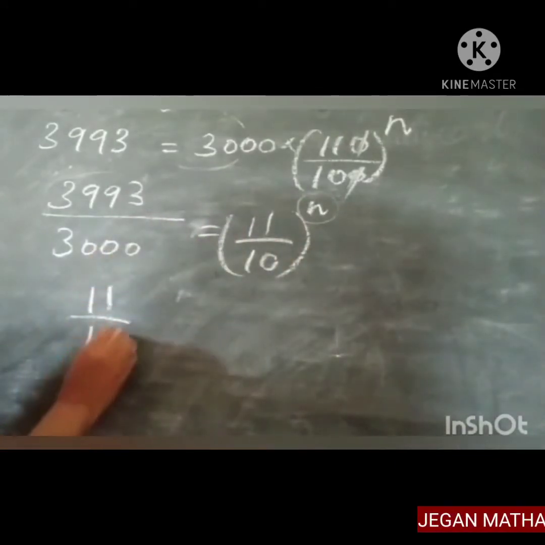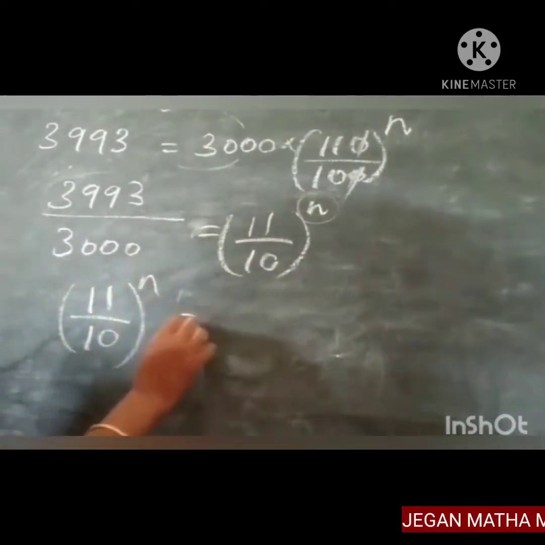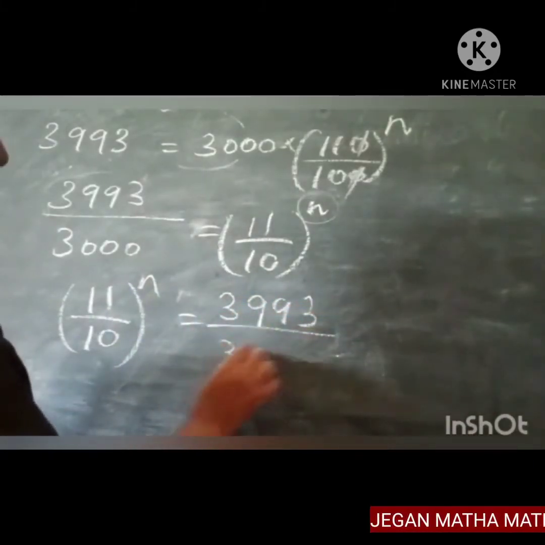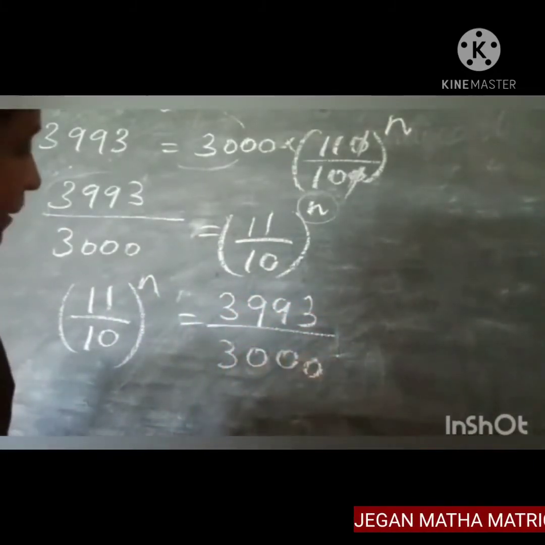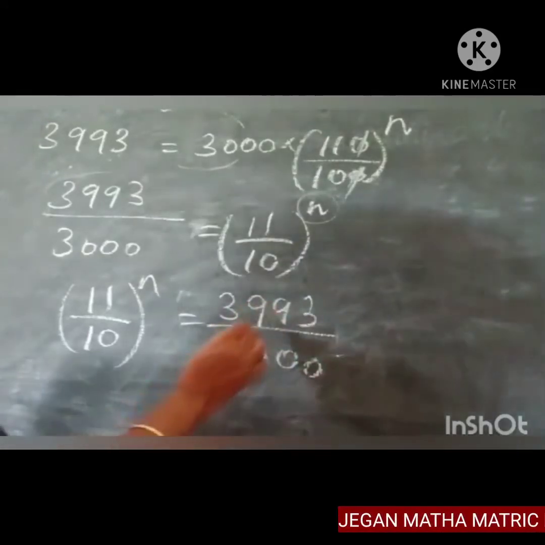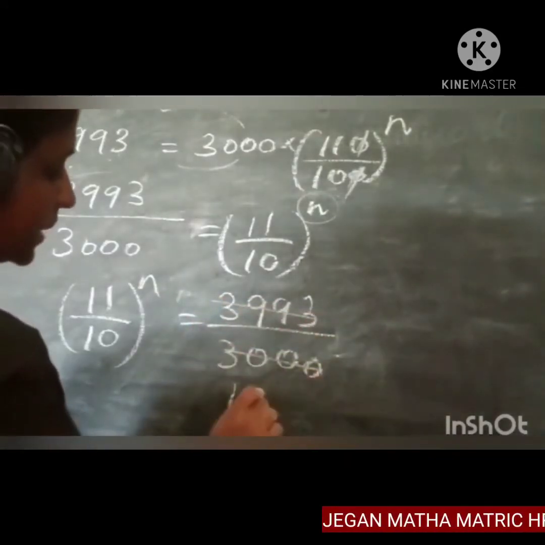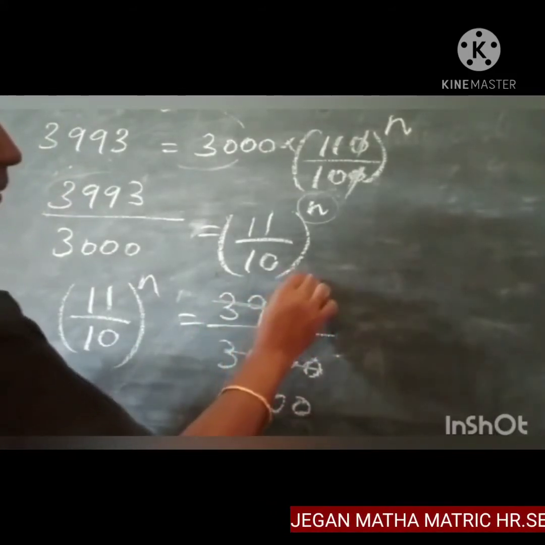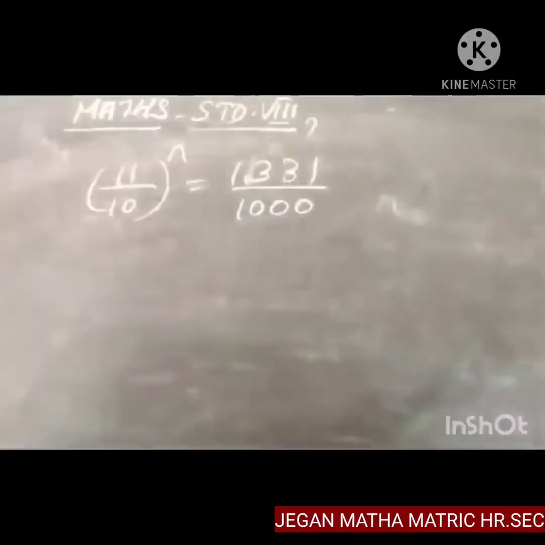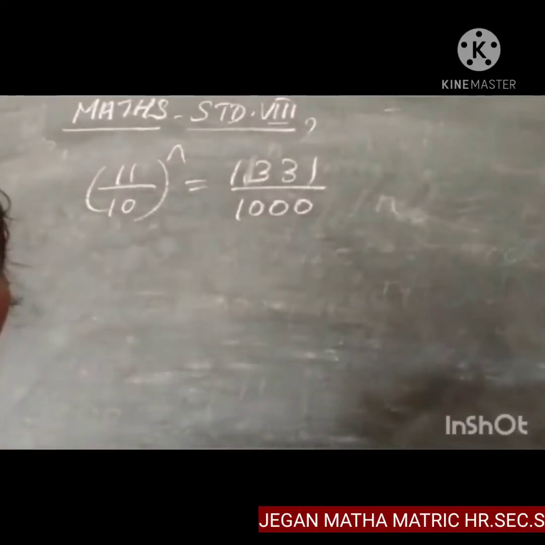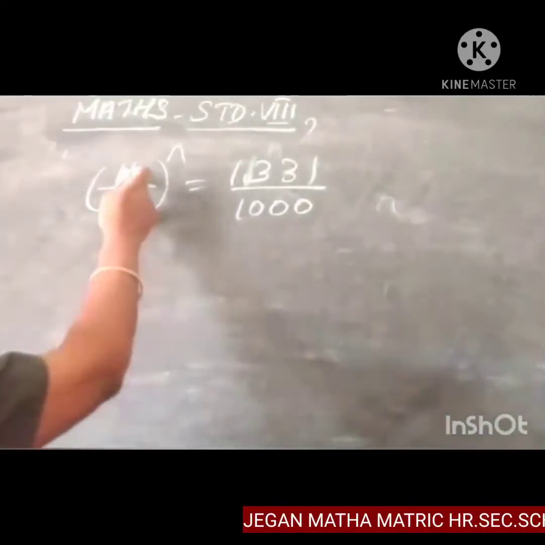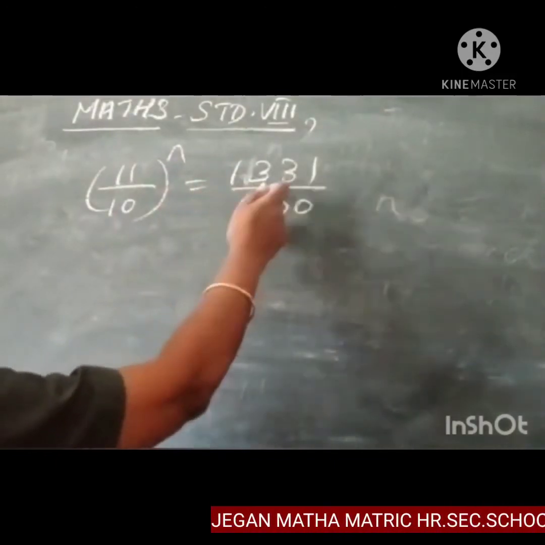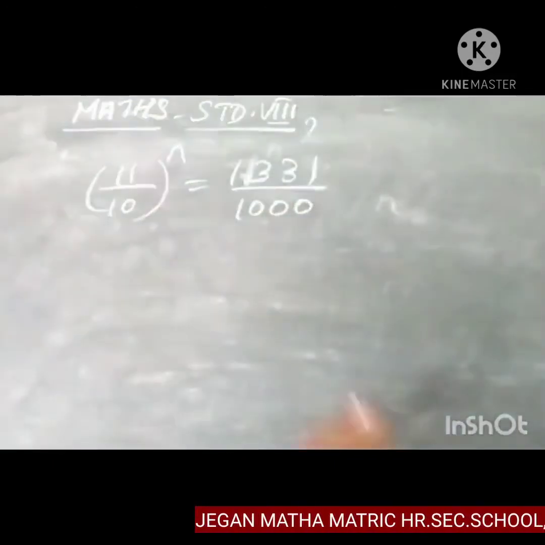So 11 by 10, the whole power n equal to 3993 divided by 3000. Cancelling by 3, that is 1331 divided by 1000. Already we know that.